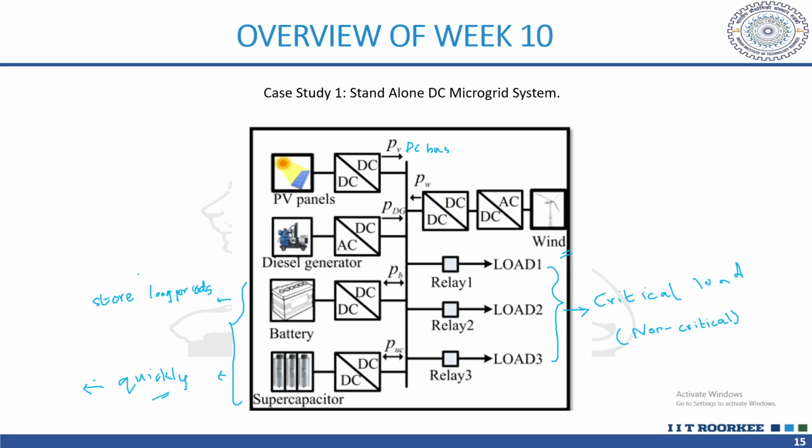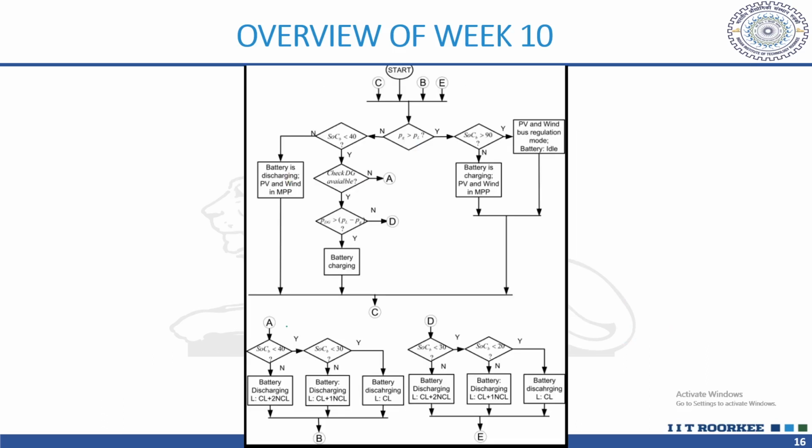And when we want to store the energy from the renewable resources for a longer period, for power balancing purposes, in those cases we will be using the batteries. Okay, so this was the control algorithm for this DC microgrid basically. So let's say we are starting here and then we are checking if the generation is greater than the load.